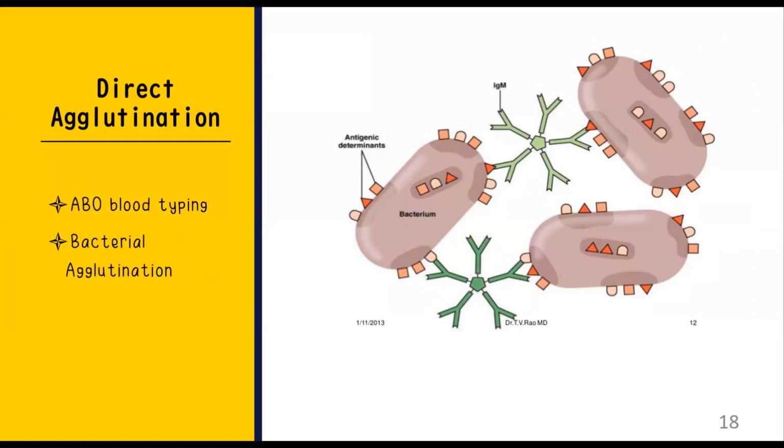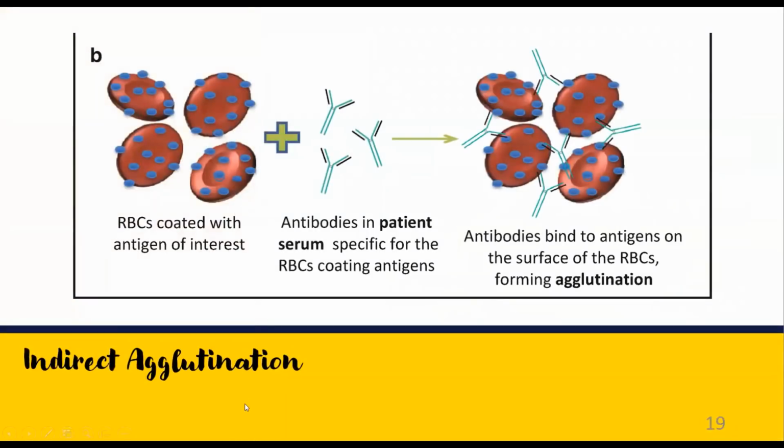Now, in contrast to direct agglutination is the indirect agglutination. Indirect agglutination is also known as passive agglutination. What differentiates indirect agglutination from direct agglutination is the fact that the antigens here are not naturally found on the surface of the particle.